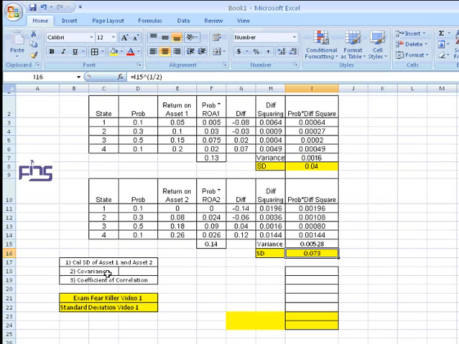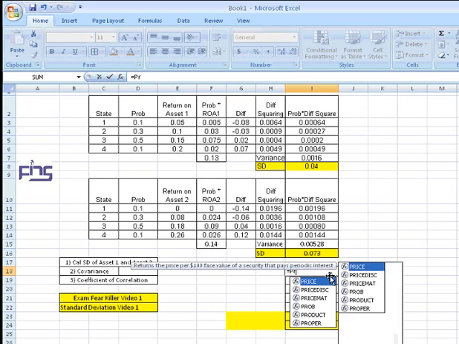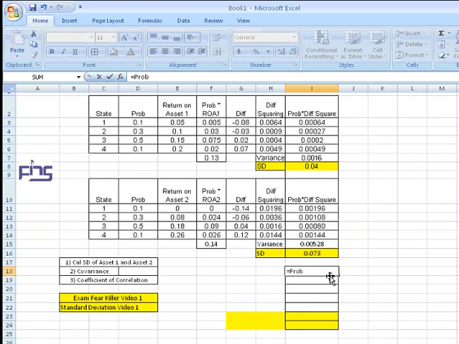Now we need to find the covariance and coefficient of correlation. For that we have only one step left: probability into difference of asset 1 into difference of asset 2.